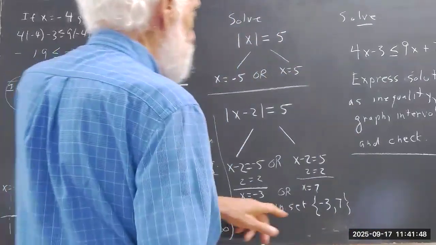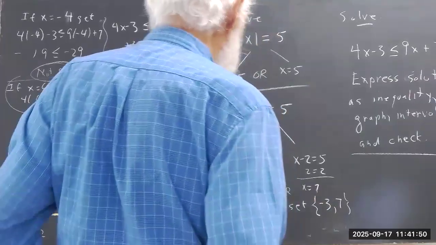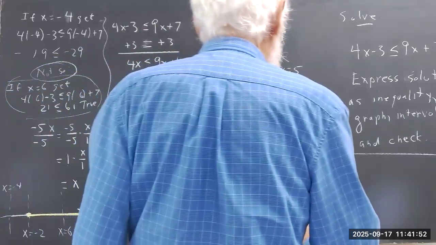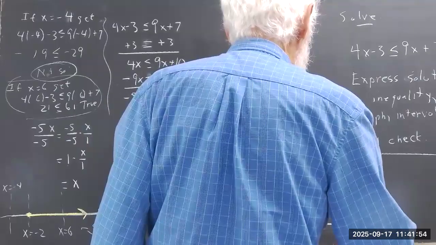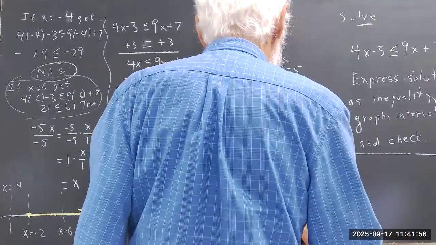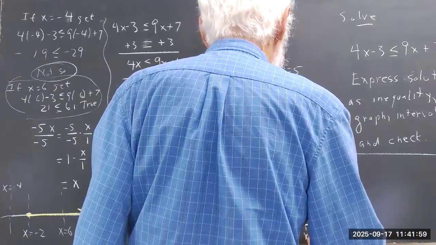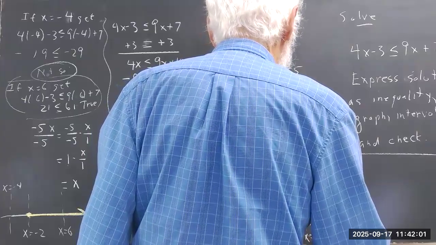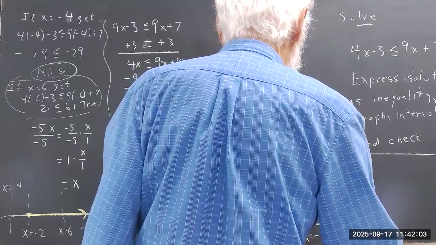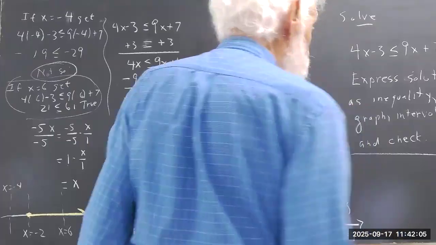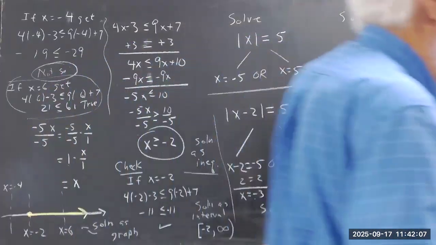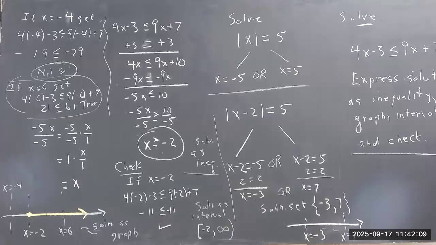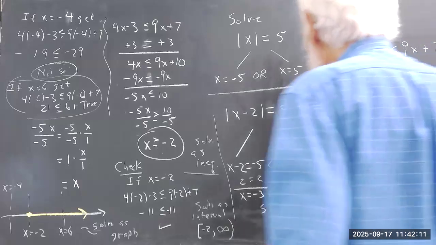Okay, solution set's -3, 7. And then a picture. Here's x equals -3. Here's x equals 7. Let's make sure I can see that on the screen.